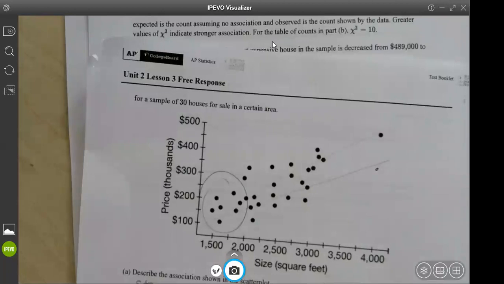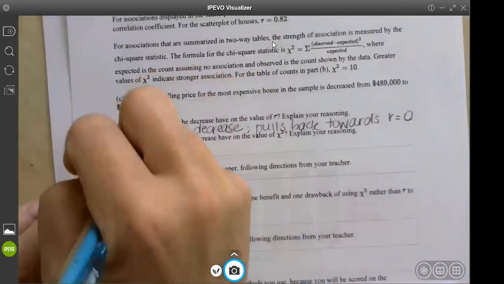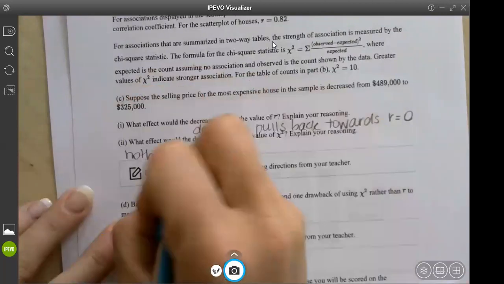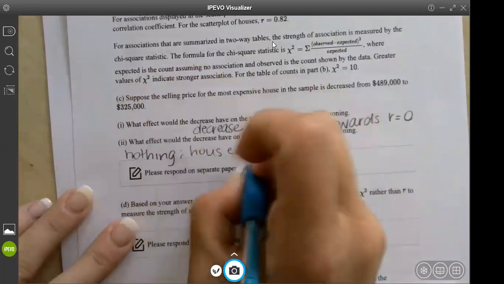Okay, so think about it in that way. The value makes it not resistant to change. So what we're looking at here is this chi-squared will not change, nothing will happen, because that particular house is still large and expensive.